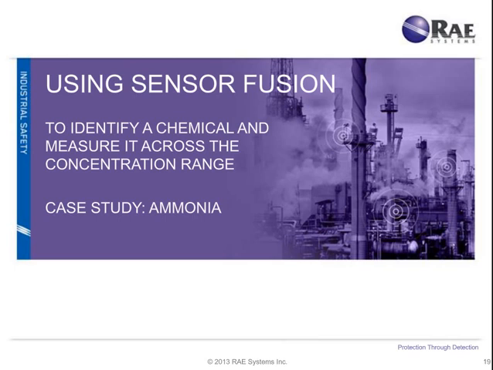But let's move on to our second goal, which is to identify a chemical and, most importantly, measure it across its concentration range. And we're going to look at a very common chemical, which is ammonia.